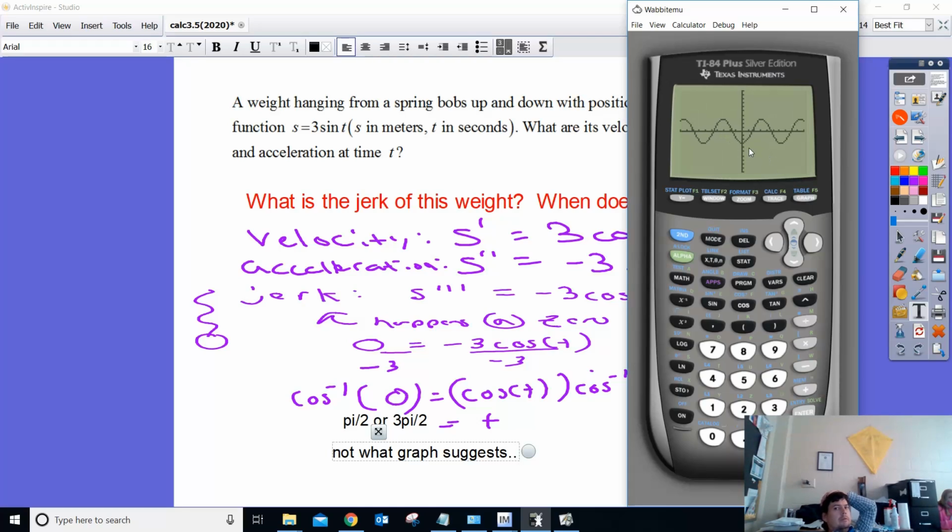There's a jerk at 0, isn't it? There's another jerk. Where's that at? Pi. There's another jerk. 2 pi. Another jerk. Where's that at? 3 pi. So why isn't my math suggesting that? That's the real question.